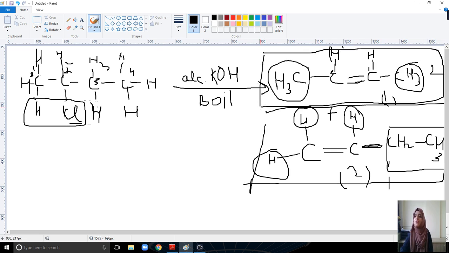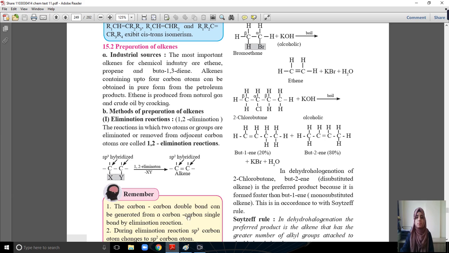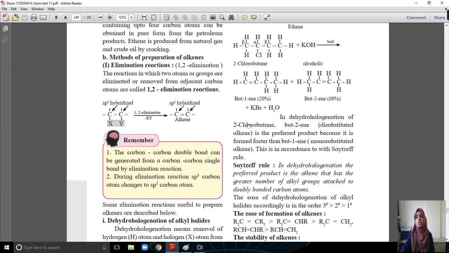The major product will form faster than the minor, and the percentage of the major product is greater. That is why we call it the major product.